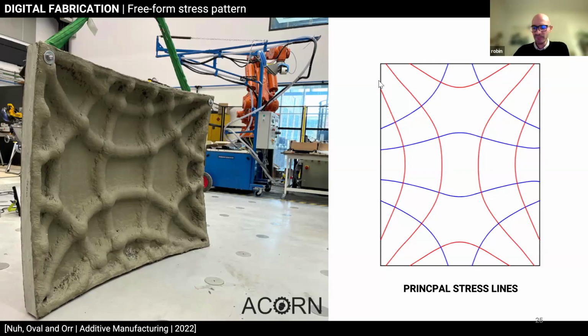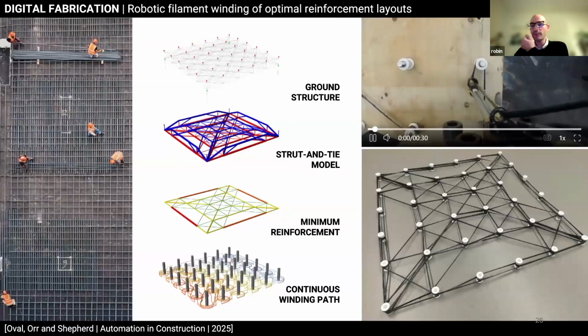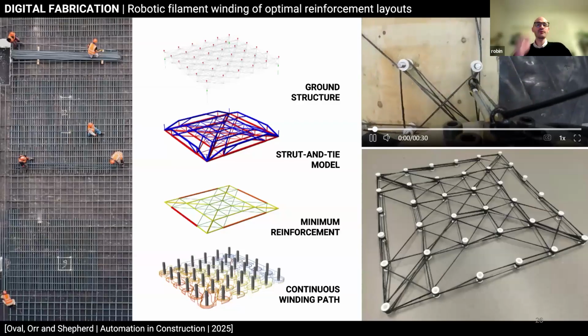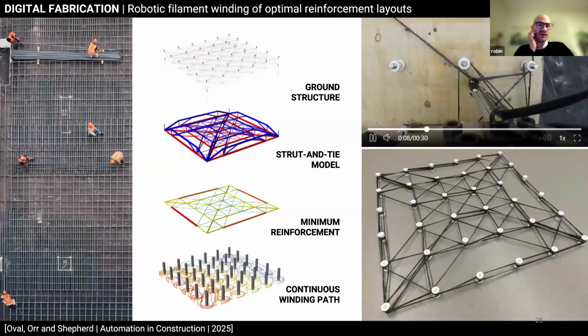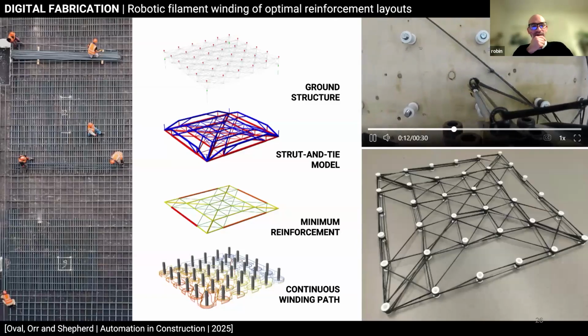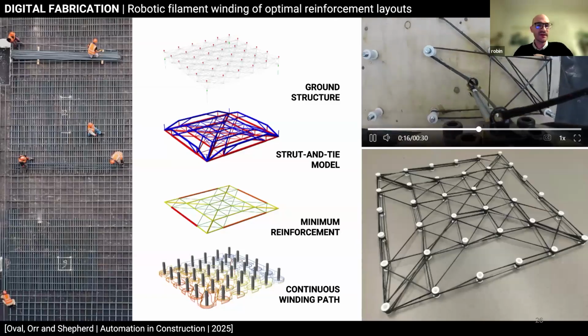I'm going to highlight the complementary fabrication technique that I worked on there. That relates to reinforcements. You've probably heard of the embodied carbon of reinforced concrete, especially for flat structures that work in bending, so beams and flat plates.